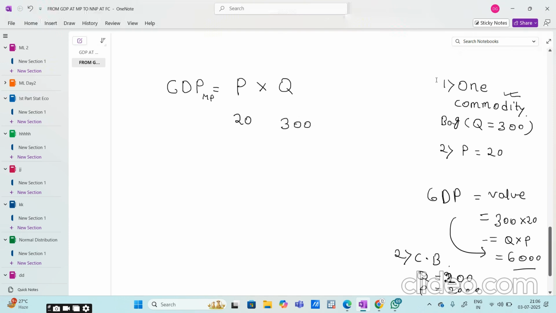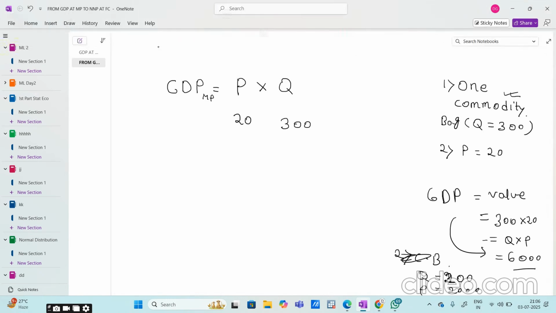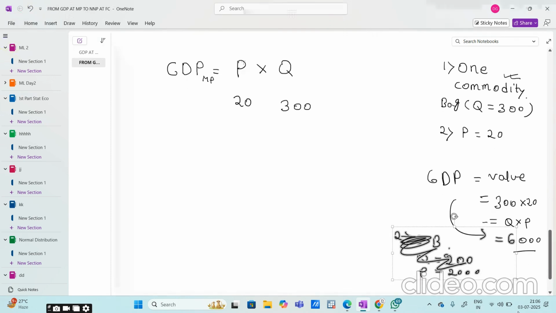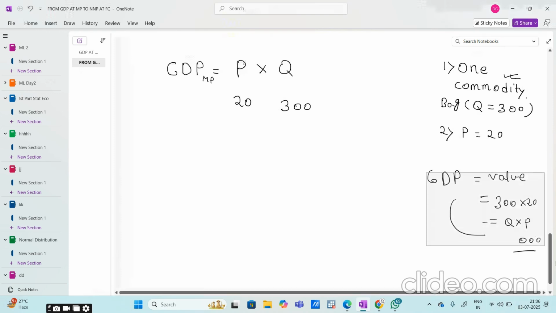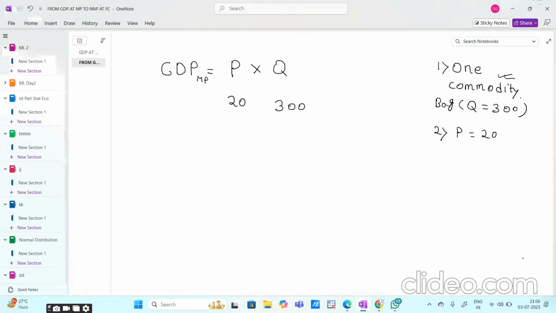Okay. Now, for our simplicity, I am just keeping it as it is, and I don't consider this cricket bat here. Let me just remove it. Okay. Now, suppose this is year 2025.